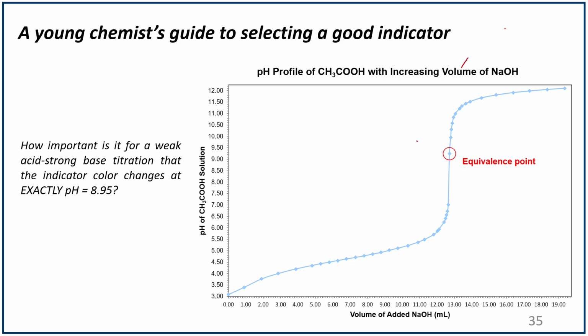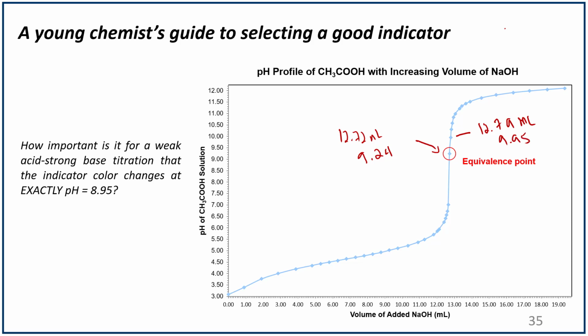So if that's the equivalence point, let's say this point in the graph is actually 12.72 ml, and that is 9.24 in pH. This is 12.79, around 3/4 of a drop, ml, and that's around 9.95.